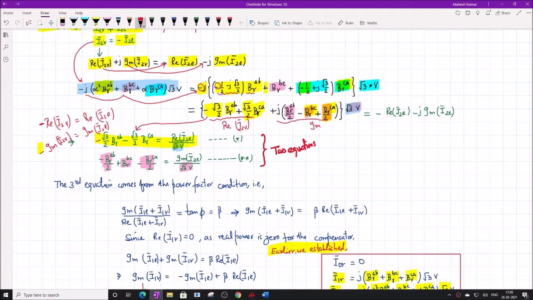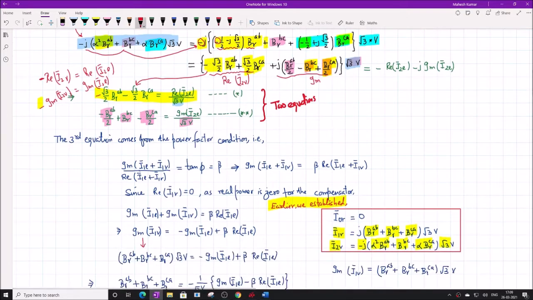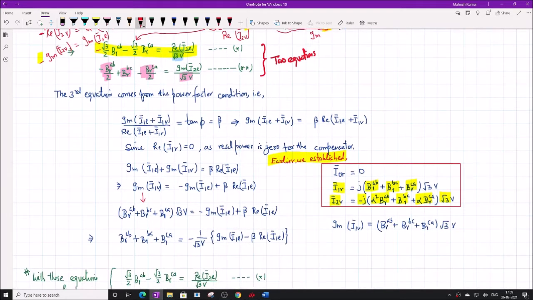Condition 3, as I said, decides the power factor. So if you wish the power factor of phi from the utility, then the ratio of the net imaginary of I1L plus I1 gamma to the real of I1L plus I1 gamma must be equal to tan phi, let us call it beta.